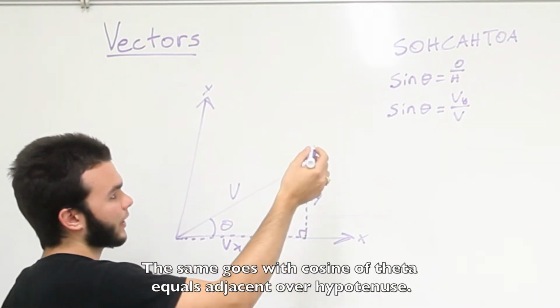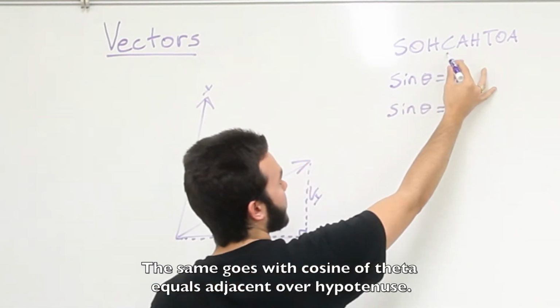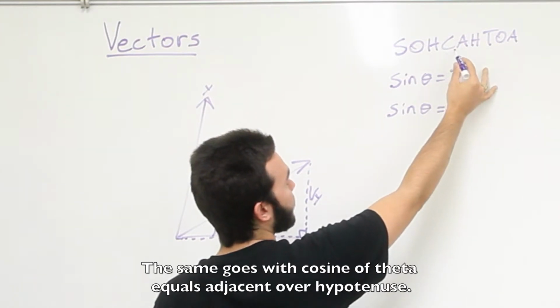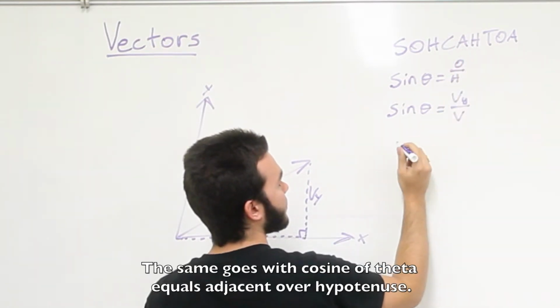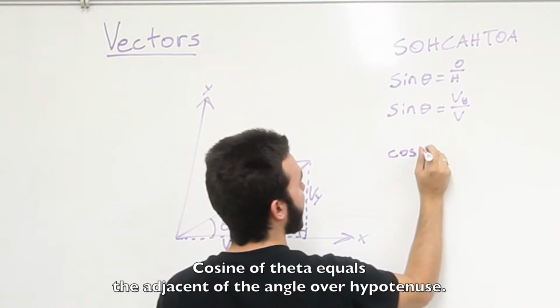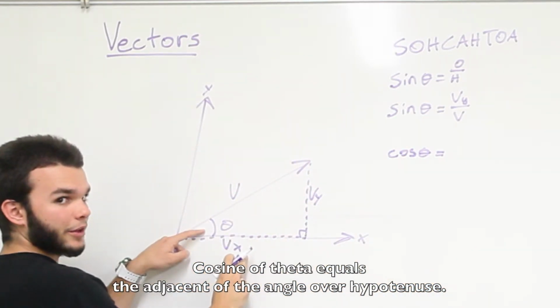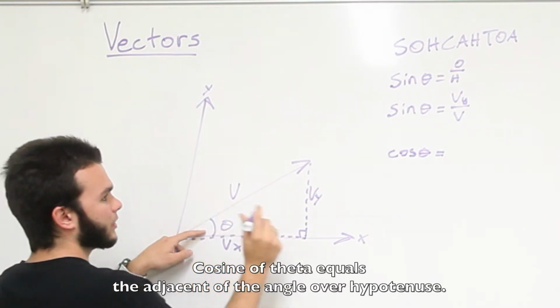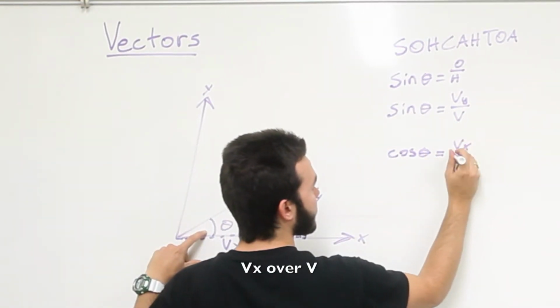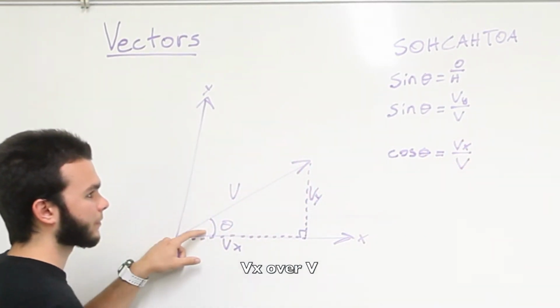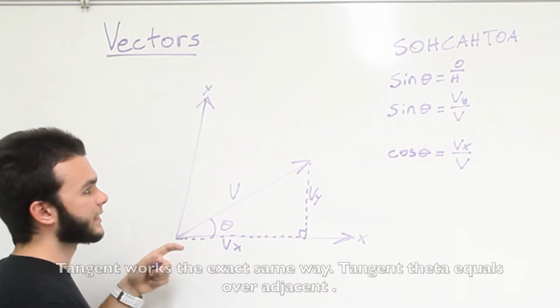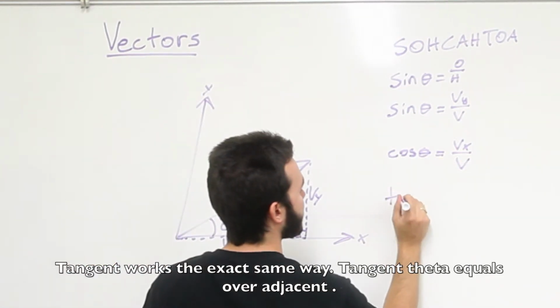The same goes with cosine of theta equals adjacent over hypotenuse. Cosine theta equals the adjacent of the angle over the hypotenuse, Vx over V. Tangent works the exact same way.